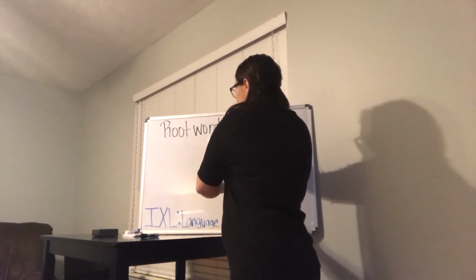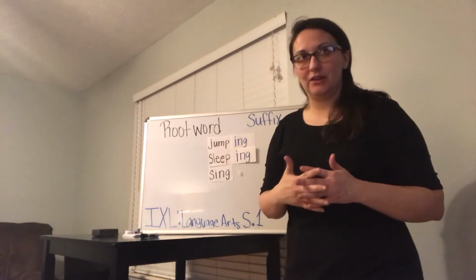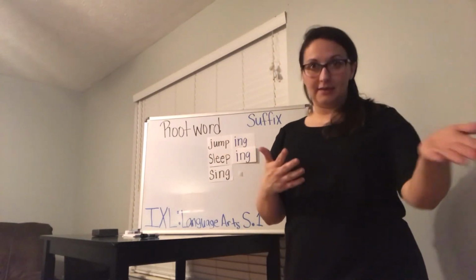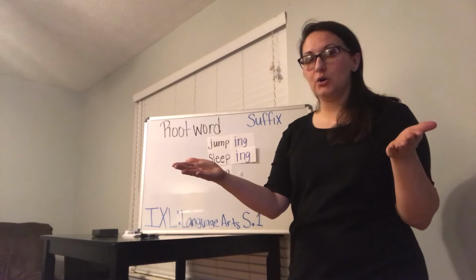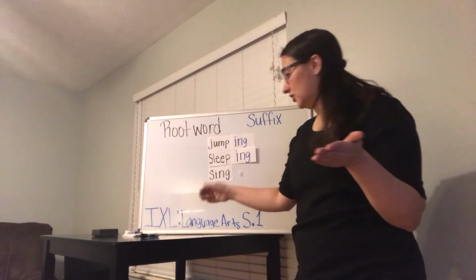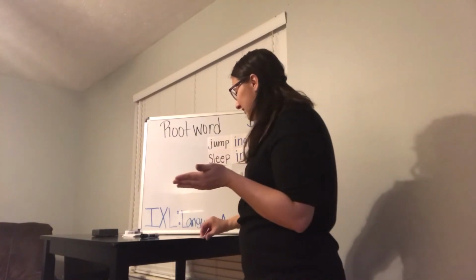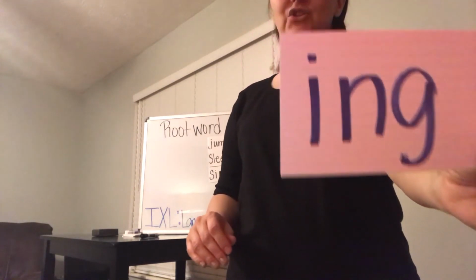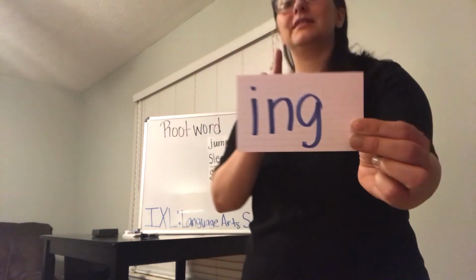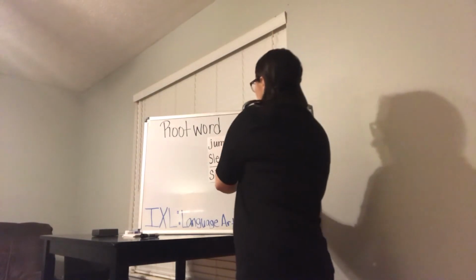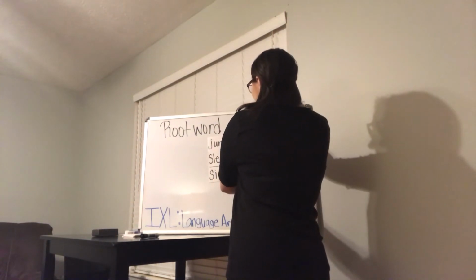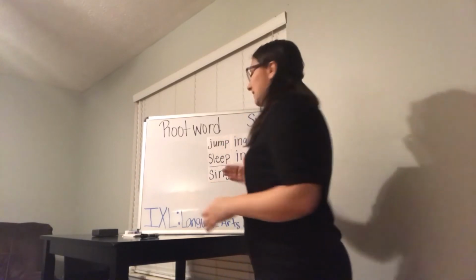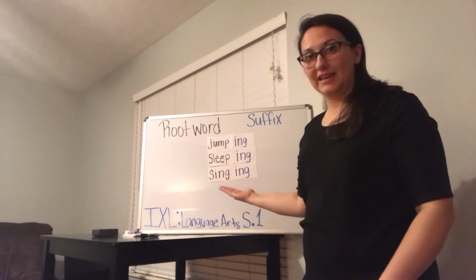Do you think that we will still need to add ing to the end of the word? Okay, some people are saying yes, some people are saying no, but sing is still an action, but we would say that we are singing, so we would still need to add the ing to it. So we would still need it. So here we go. We are singing. So see how it still needed the ing on the end of it?